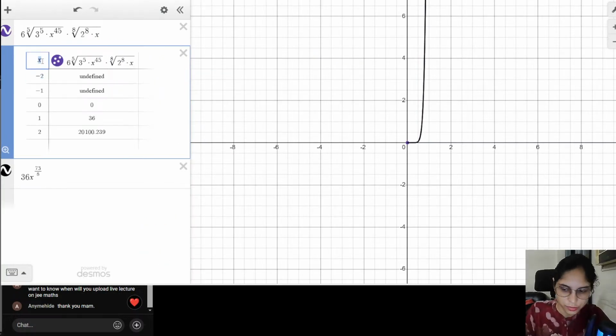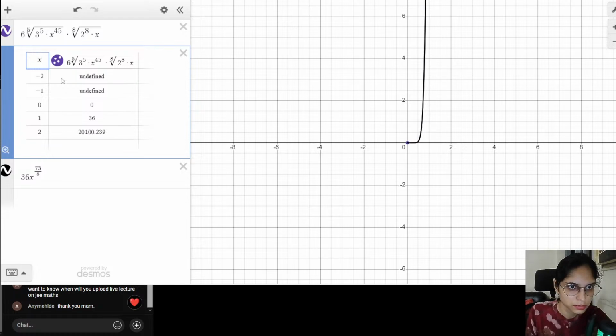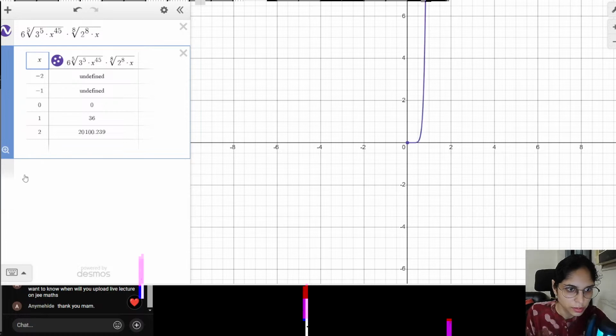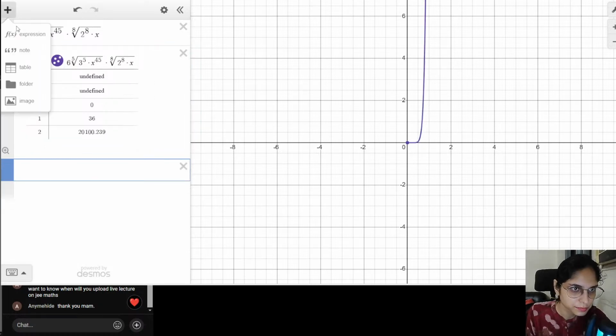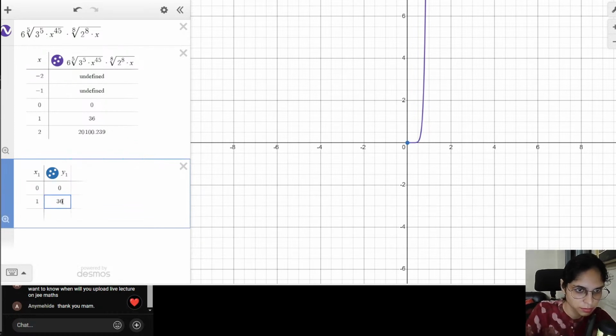Let's do that. So instead of x, I will write x1. Instead of this, I will write y1. Now you can make the table using 0, 1, and you can also take 2.